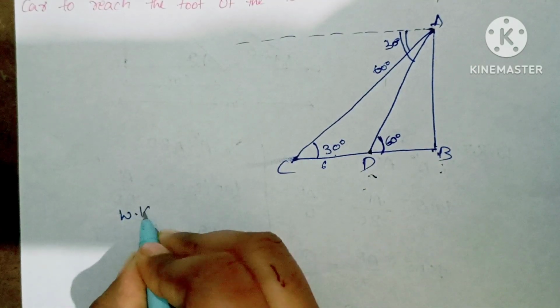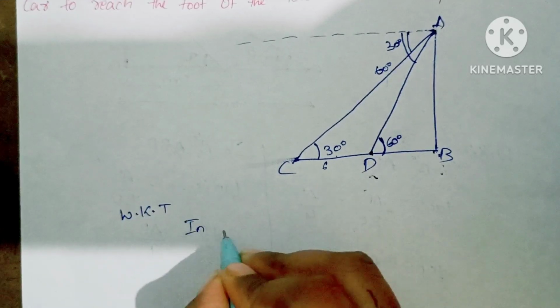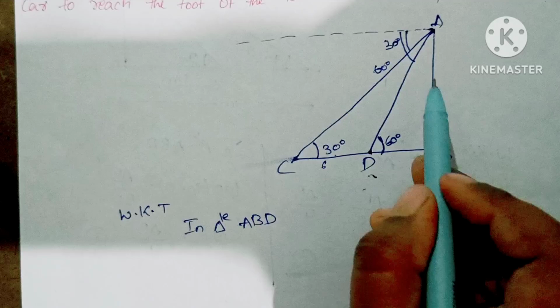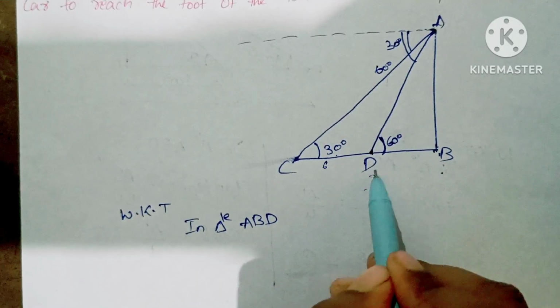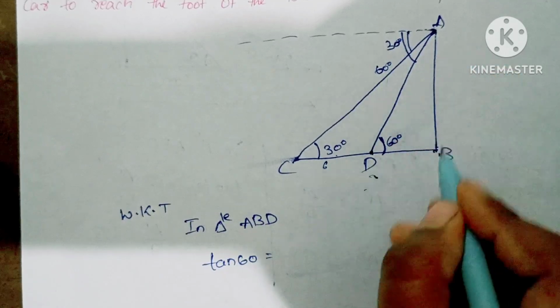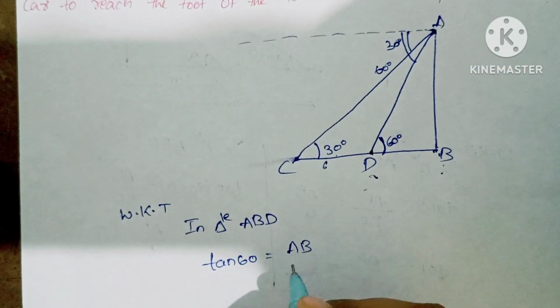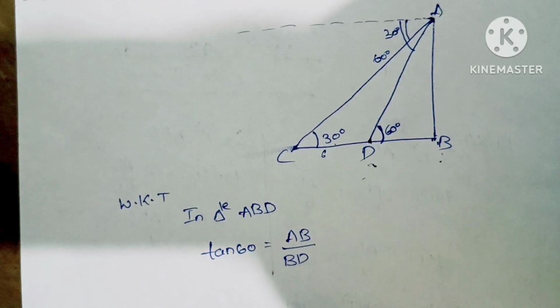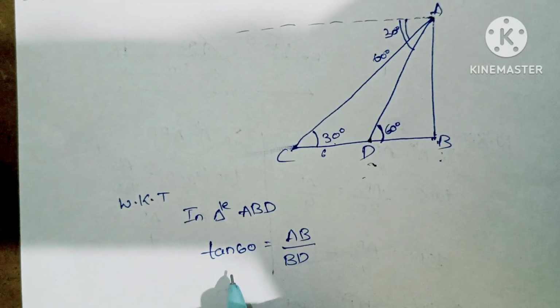We know that in triangle ABD, AB by BD equal to tan 60. Tan 60 equal to opposite means AB by adjacent means BD. Okay. So tan 60 value how much?